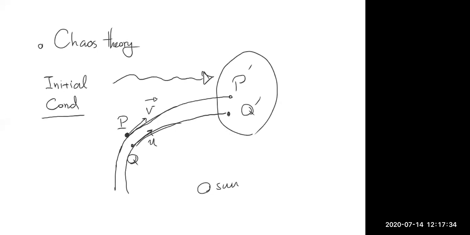However, that's not always the case. Sometimes if we change the initial condition a little bit, it changes the result a lot. In some cases it's true, in some cases it's not. For example, if you exercise every day for 1 hour, you would get some result after a month.